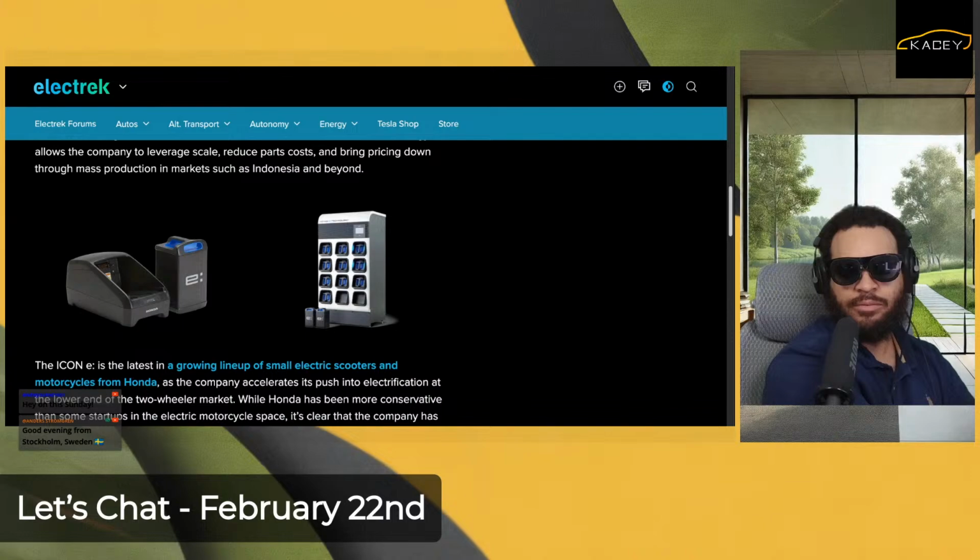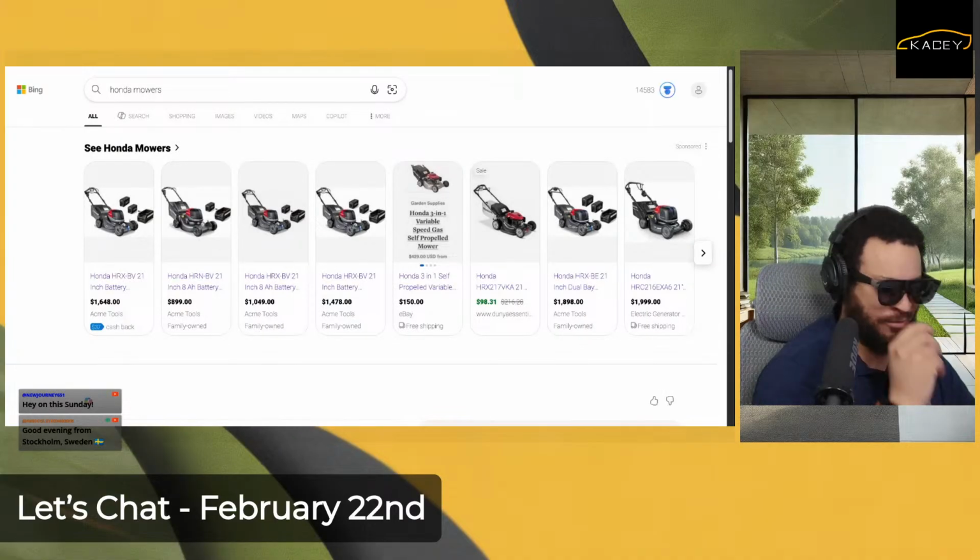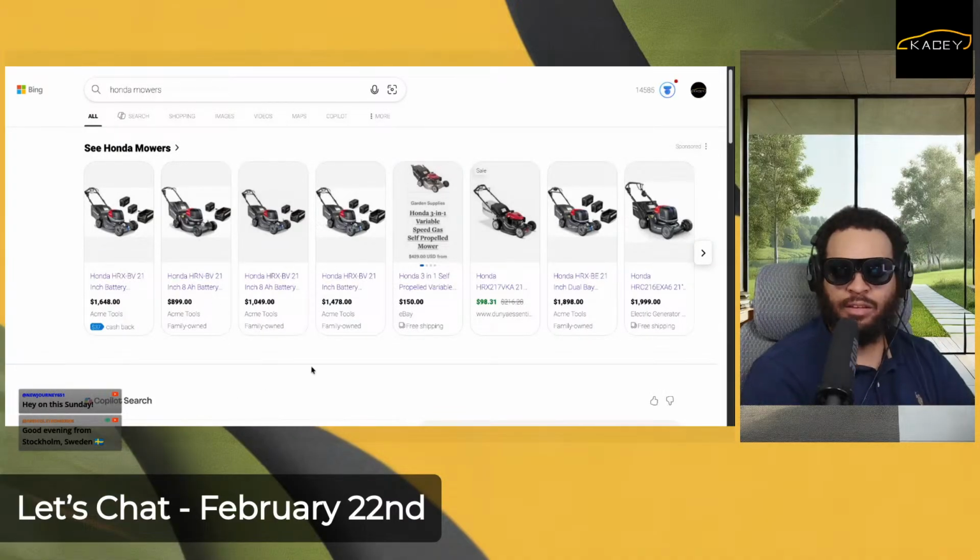Honda. I don't want the car site, so let's just do Honda mowers. And I think these aren't electric. All the rest of these are. They closed the gas plant nearby here.